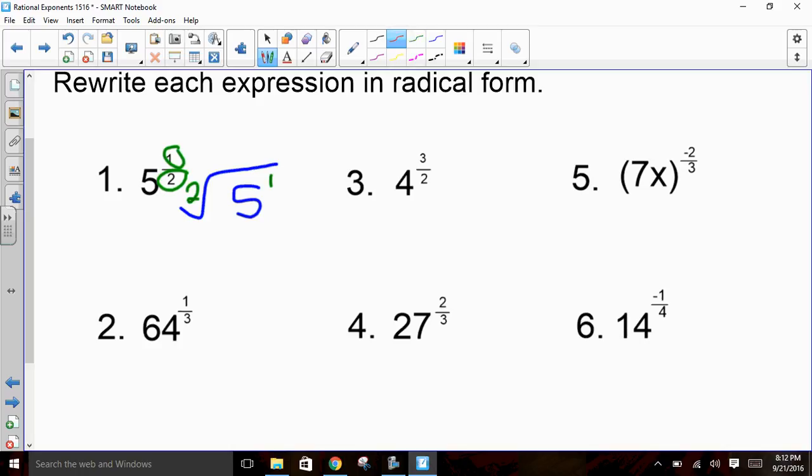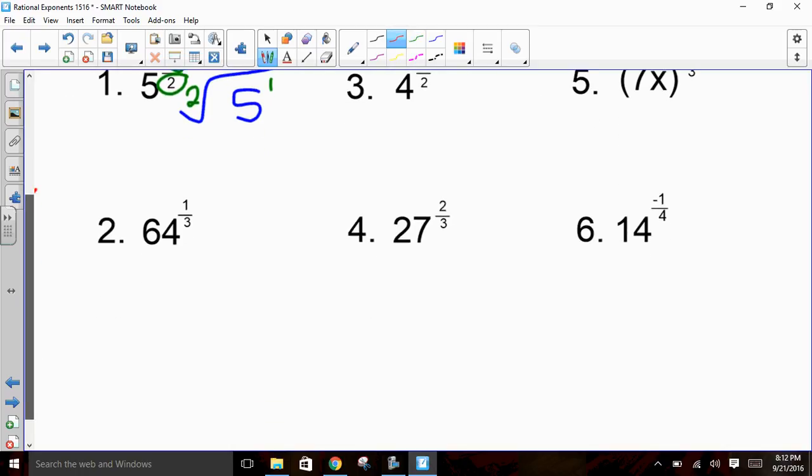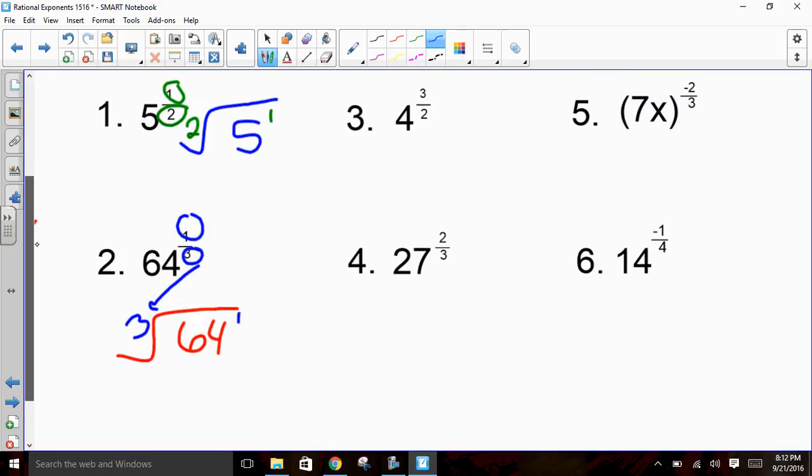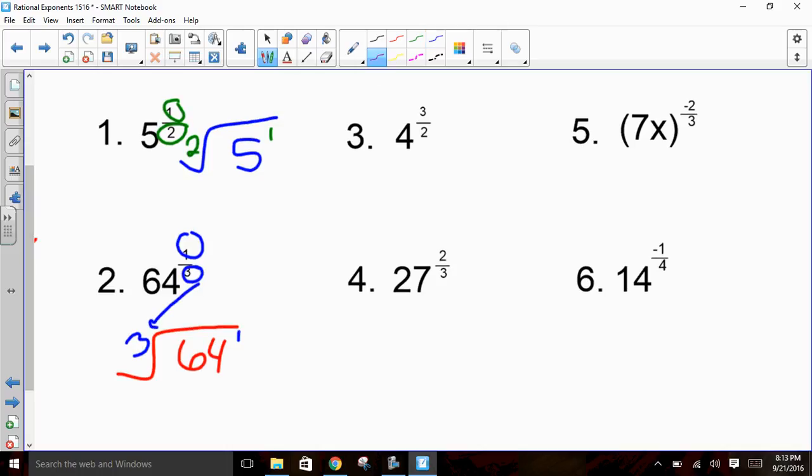Let's take a look at number 2. I start with my radical sign, the 64 underneath. I have that 3 on the denominator, so it's going to be the third root, or the cube root. Again, that 1's the numerator, so it becomes that power. Number 3, I have my radical sign. My 4 goes underneath.